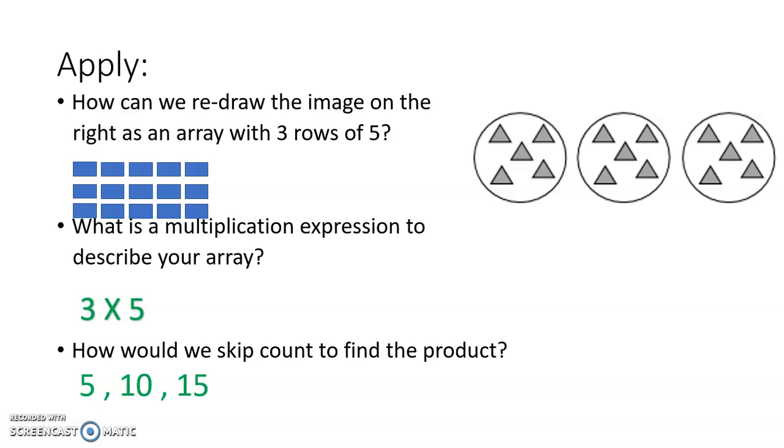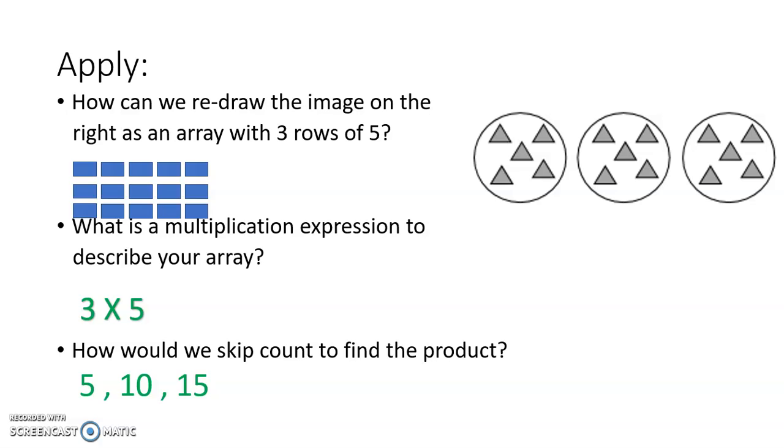Now again, you could take your paper and cover up my screen, cover up all the other boxes except the top row, and count 1, 2, 3, 4, 5. Move it down. 6, 7, 8, 9, 10, move it down, 11, 12, 13, 14, 15. So there are 15 rectangles all together.